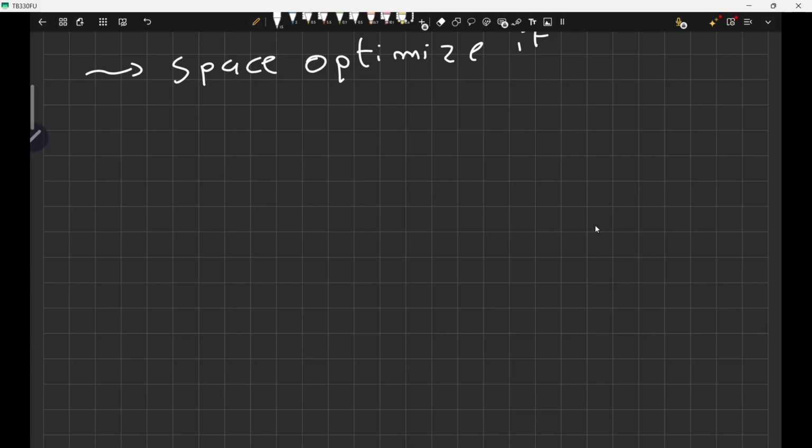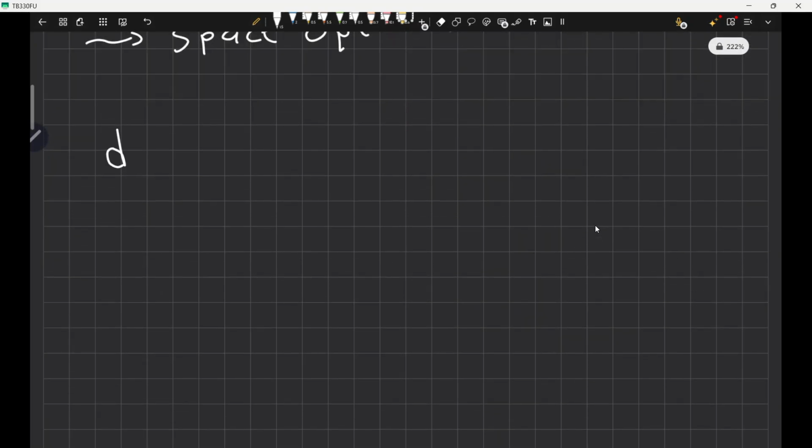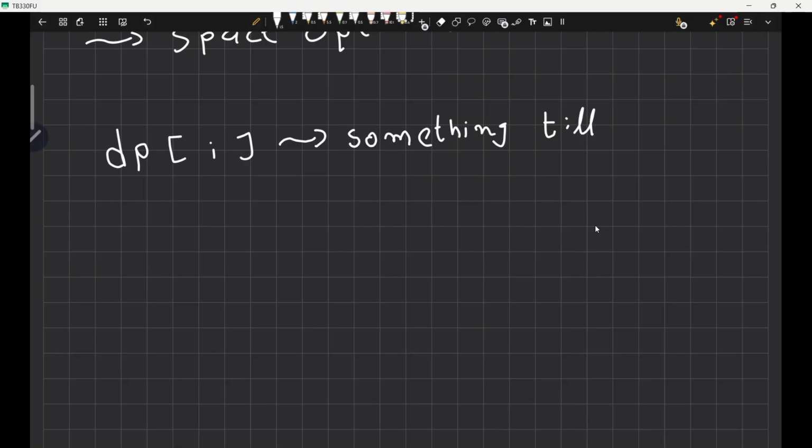So now this felt like the fundamental question of the 1D DP, right? So in the 1D DP, the state is something like this. Let's say DP of I, and it is something which shows you something till this ith point, right?